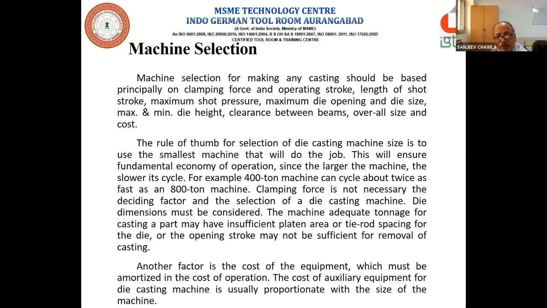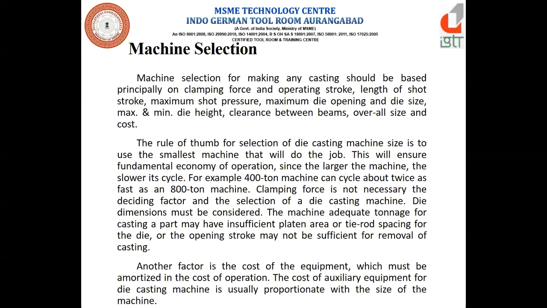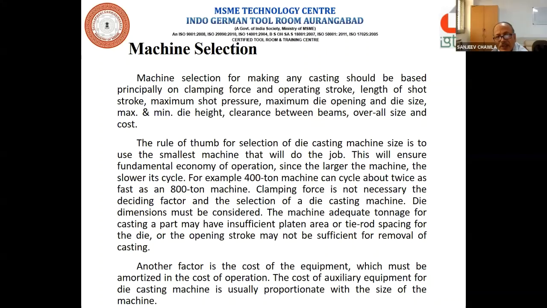How will I calculate clamping force? ऑपरेटिंग स्ट्रोक कितना होना चाहिए, लेंथ ऑफ द शॉट स्ट्रोक कितना, मैक्सिमम शॉट प्रेशर कितना, मैक्सिमम डाई ओपनिंग कितनी होनी चाहिए? ये जब तक आप मुझे समझाएंगे नहीं, मुझे समझ कैसे आएगा?